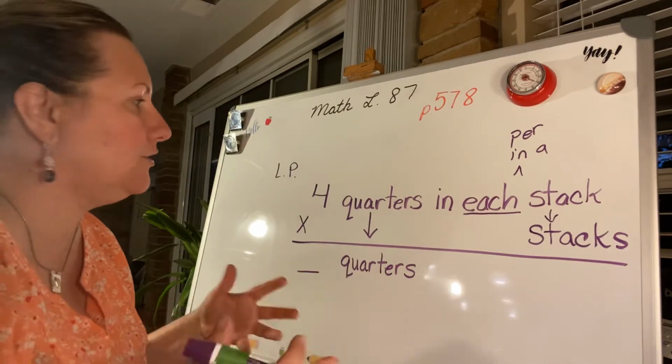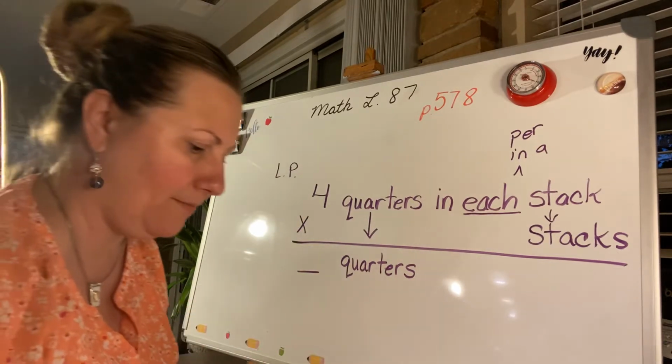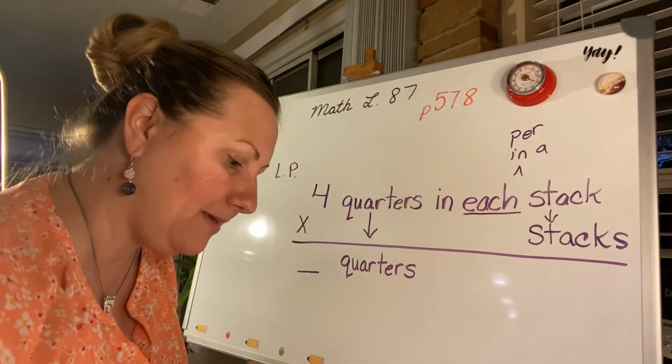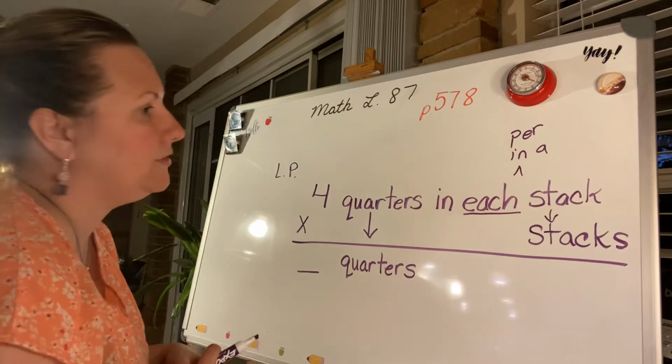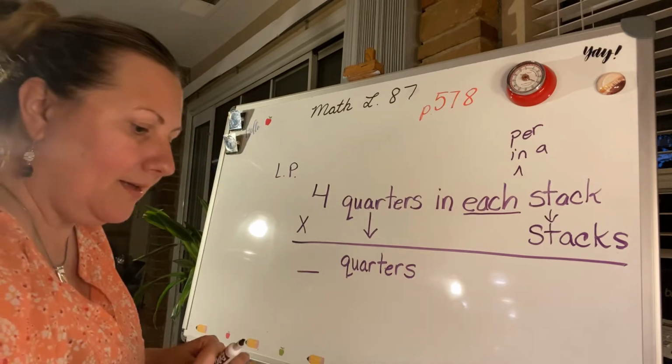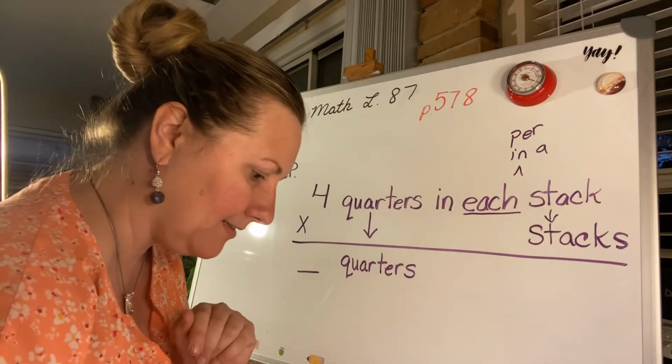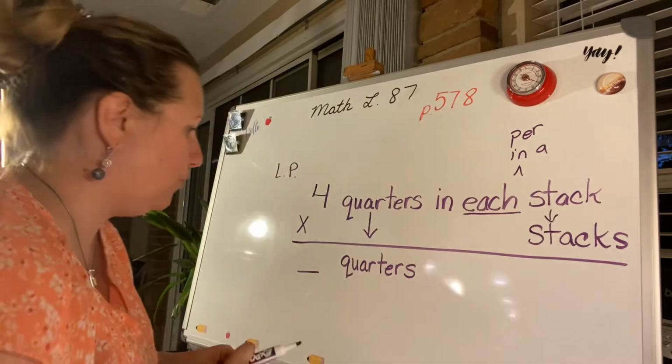So now ask yourself, do I know how many stacks or how many quarters? And if we look at our problem, it says he made stacks of 4 quarters each. Okay, so 4 quarters in each stack and 31 quarters total.